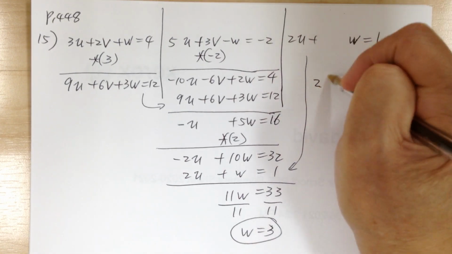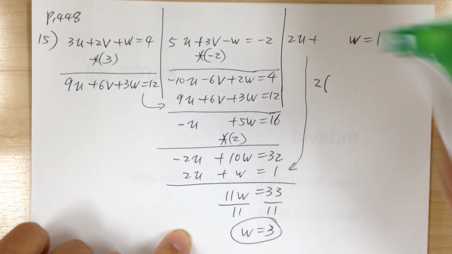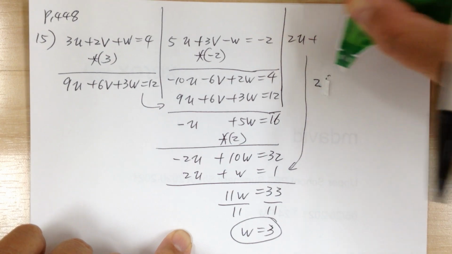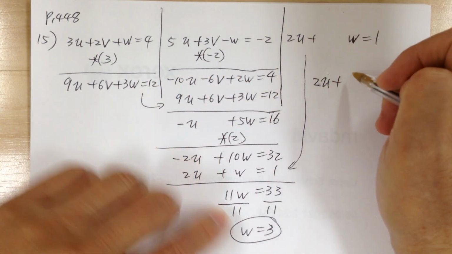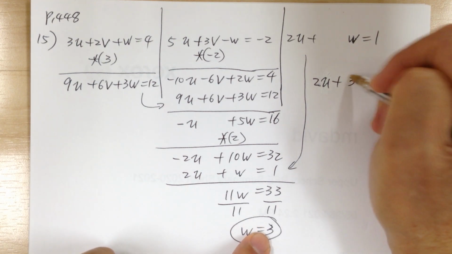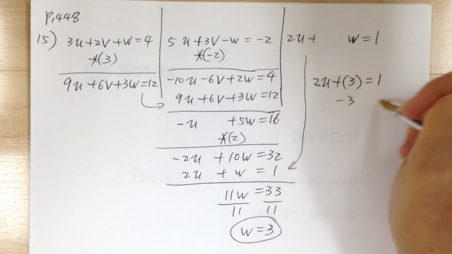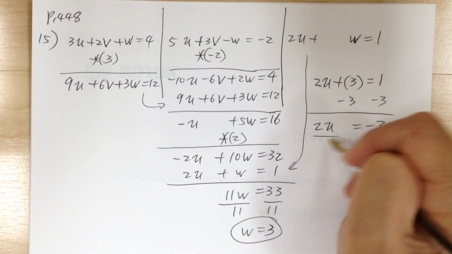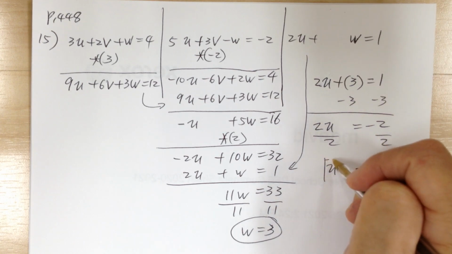So I got 2 times u, 2u plus w, and from here w is 3. So substitute again. Whatever you substitute, put in parentheses. So minus 3 on both sides. So you got 2u equal to negative 2. Divide by 2, so u equal to negative 1.